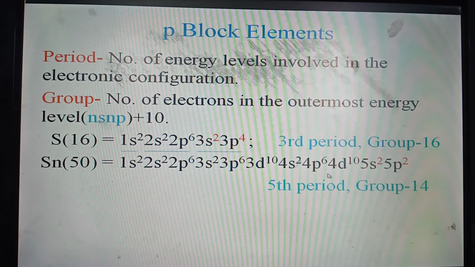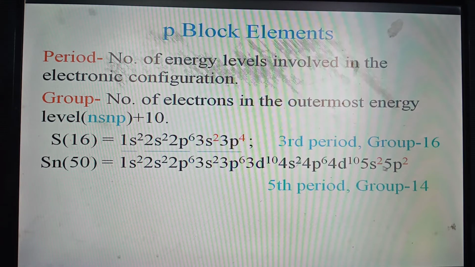The electronic configuration shows that there are 5 energy levels here. Since there are 5 energy levels involved, it is placed in the fifth period of the periodic table.